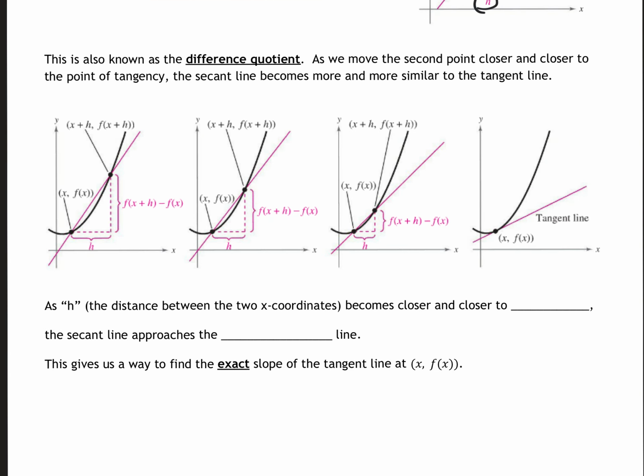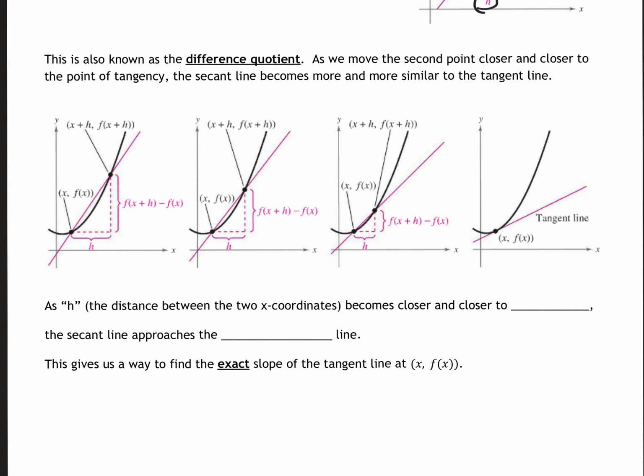If you watched the video, what she showed in her animation was that the closer you put these 2 points together, so the closer this point moves to the original point, the smaller these differences get. They continue to shrink until eventually we have an overlapping point, and h just becomes 0.